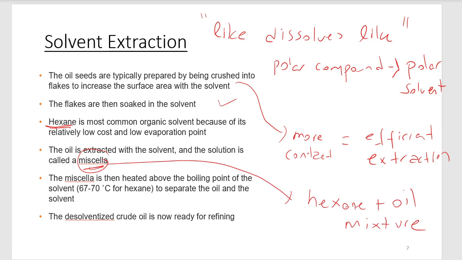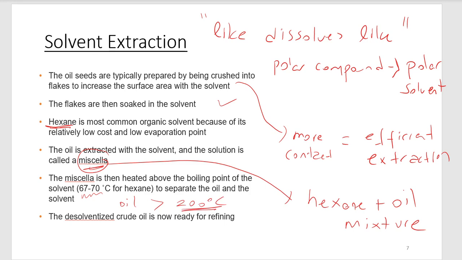Now we need to remove hexane. Then micella is heated above the boiling point of the hexane to separate the oil. The evaporation point of hexane is around 69 degrees Celsius in this range. But oil has much higher evaporation points, above 200 degrees Celsius.